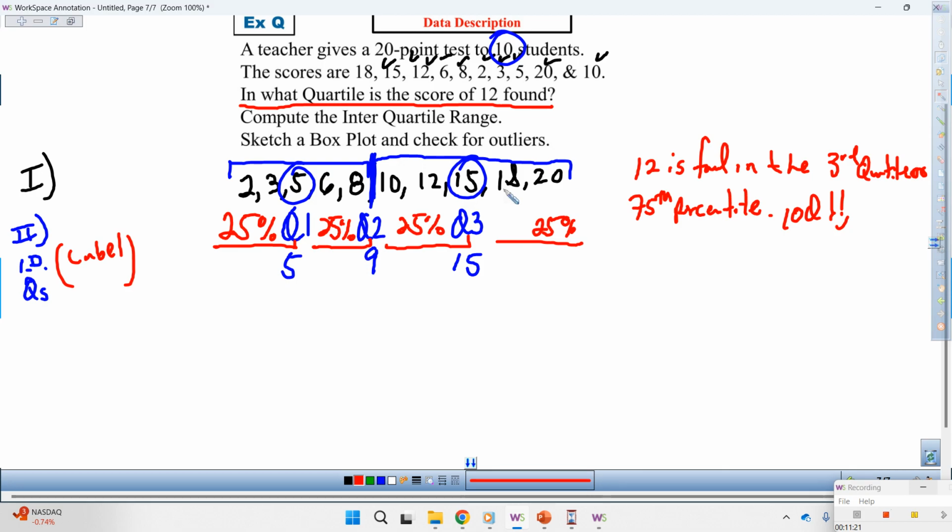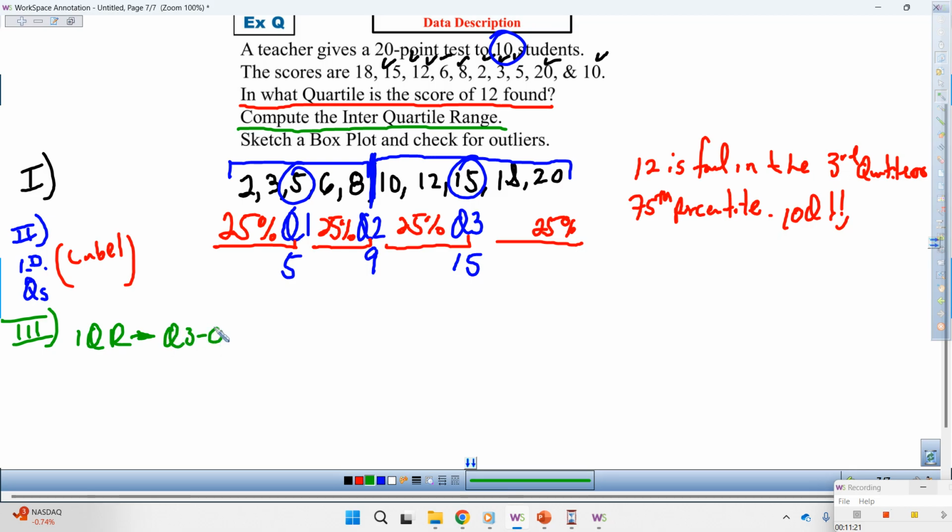All right. Next, it says, step 3, compute the IQR. I'll tell you never how to do that without looking at your notes. By now you should know how to do that. IQR. What is that? David, how do we compute IQR?